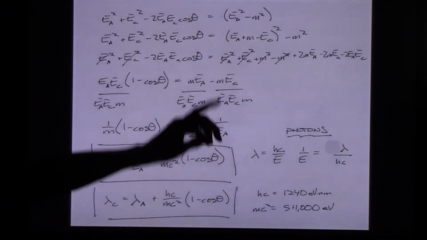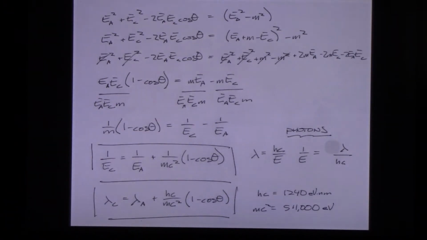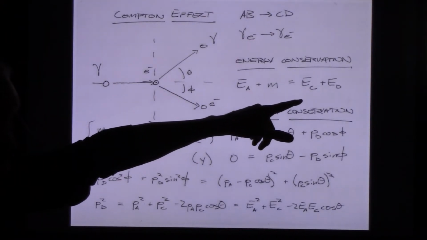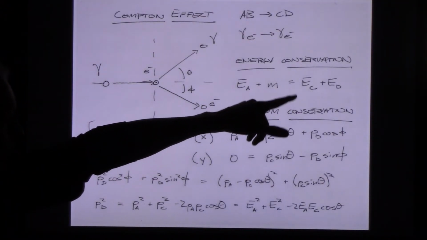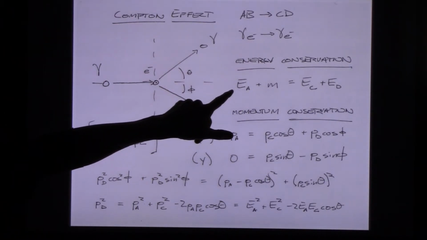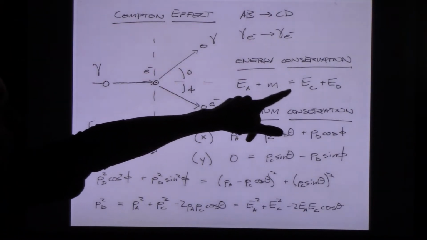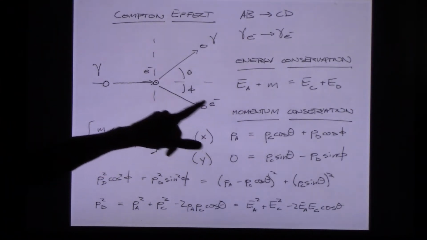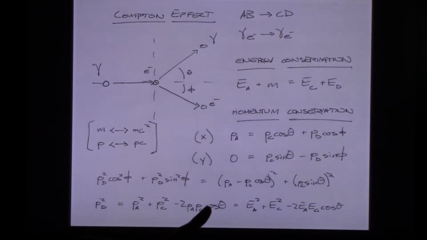All right, now ED, the energy of the electron, can be replaced with EA plus M minus EC. Again, I haven't used my energy conservation formula yet, but now we're going to play that.